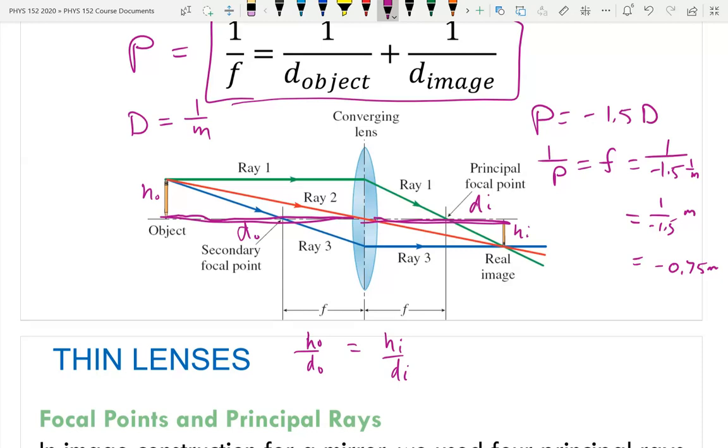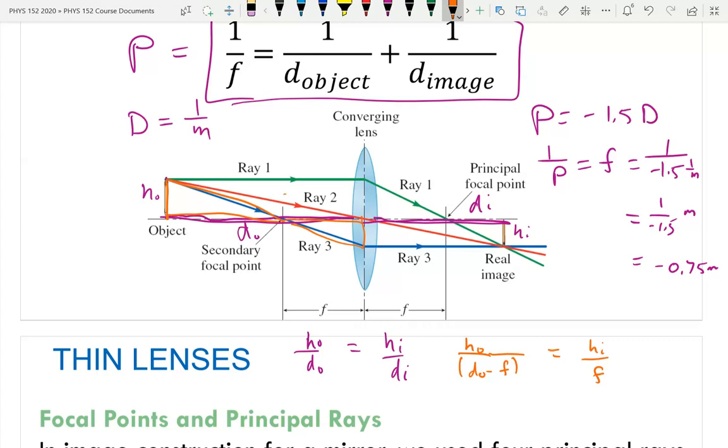So now I have to remember, what was the third part? If I take the right-hand side and I now take this triangle and this triangle, I'm going to have another relationship that says height object over distance object minus the focal length, since focal length is this distance right here, is equal to height image over focal length.